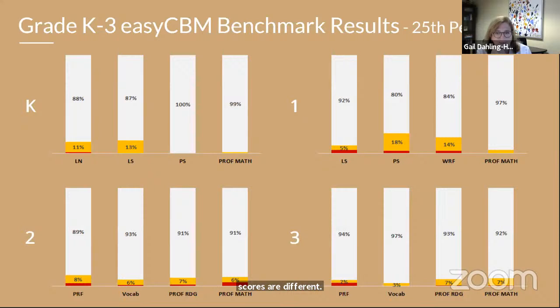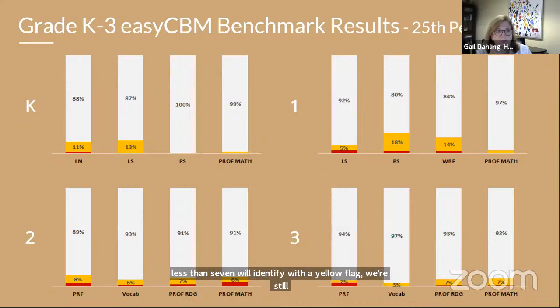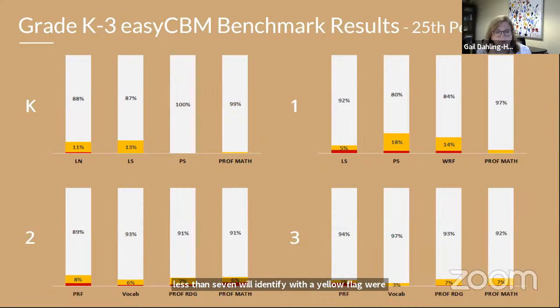So, for example, kindergarten students who identify 2 to 6 letters, less than 7, will identify with the yellow flag, where students who meet the threshold of red, or that little sliver of red where letter naming is, those students could only identify 0 to 1 letters, sorry, in red.